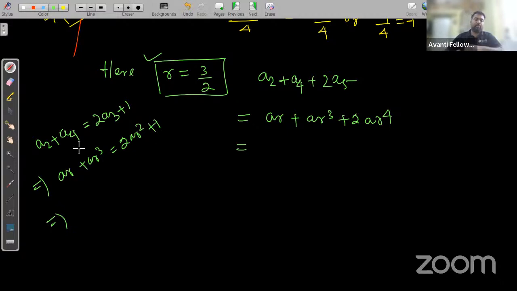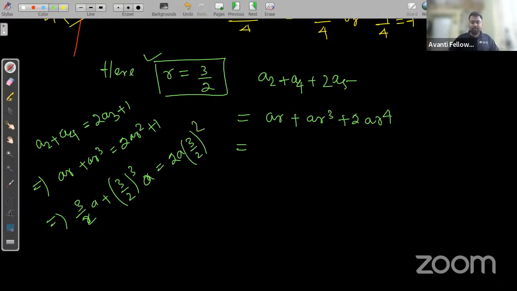So here in these equations, you can get 3 by 2 A plus 3 by 2 cube A is equal to 2A into 3 by 2 square plus 1. By solving these equations, you will get the value of A as 8 by 3.